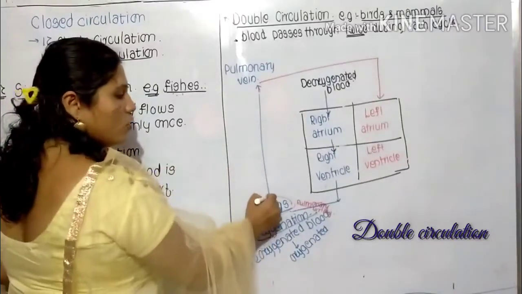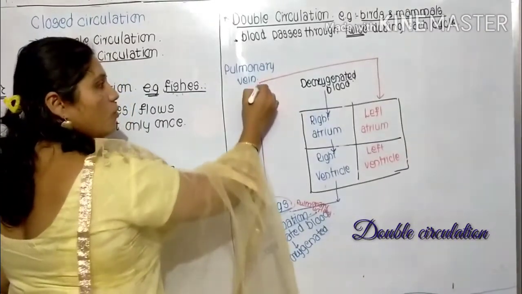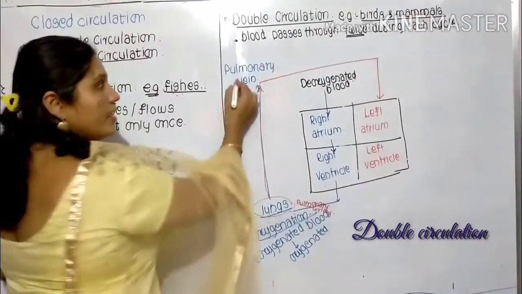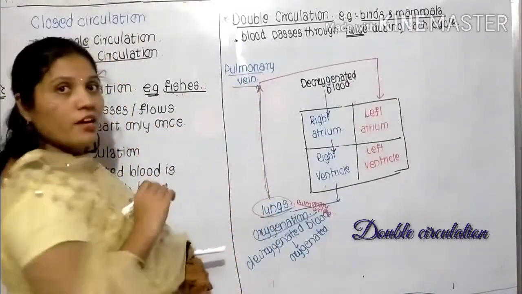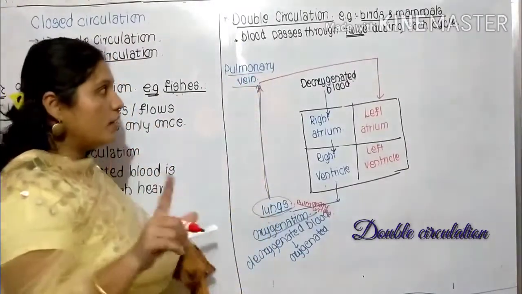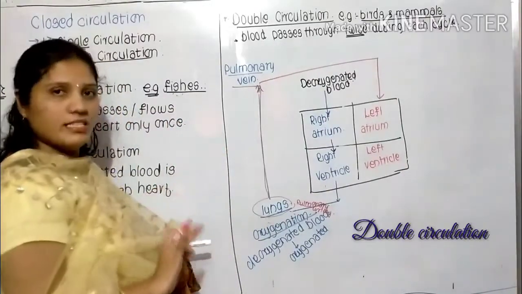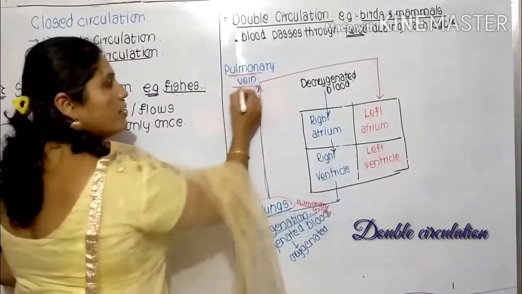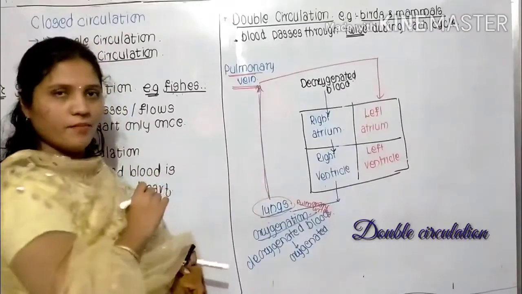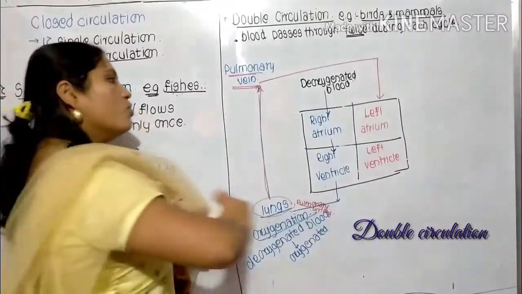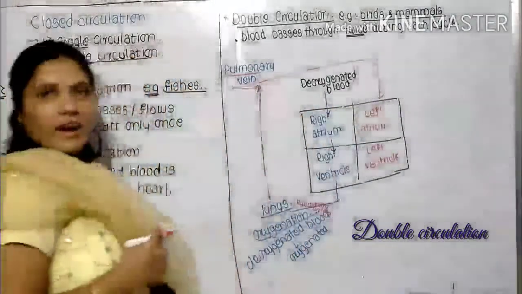Then that oxygenated blood enters into the pulmonary veins. See, it is pulmonary veins. Veins should carry deoxygenated blood, but here an exception is there. These pulmonary veins carry the oxygenated blood towards the left atrium.